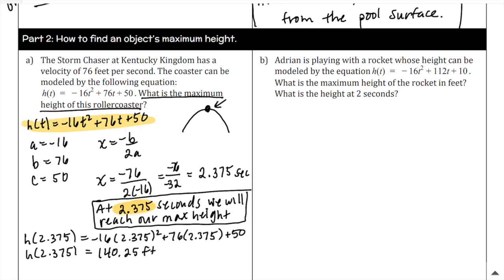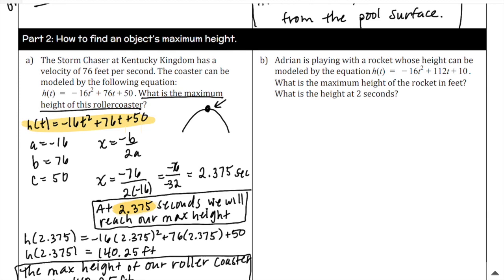And again, we want to write this into a sentence. So the max height of our roller coaster is 140.25 feet.